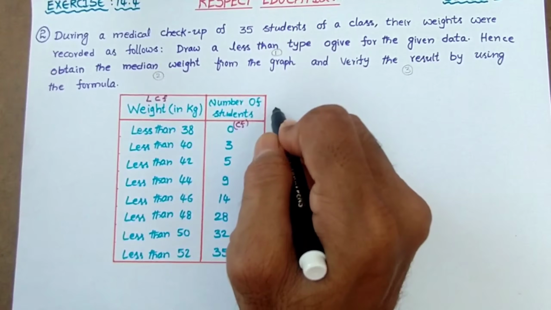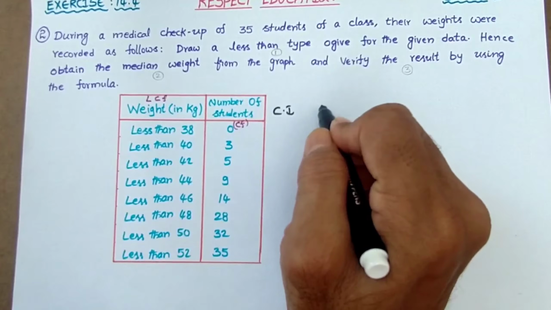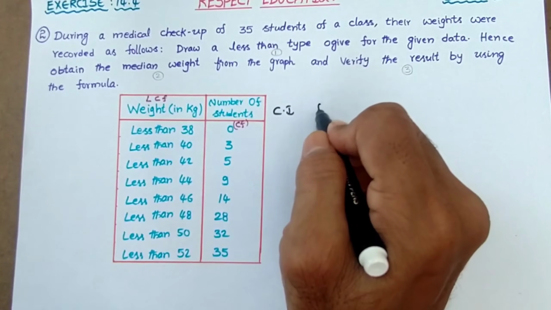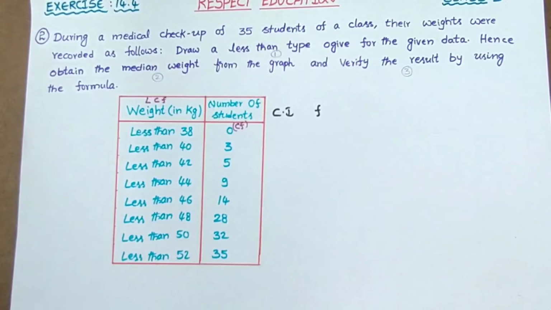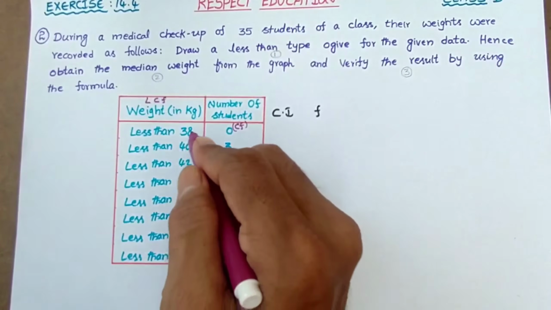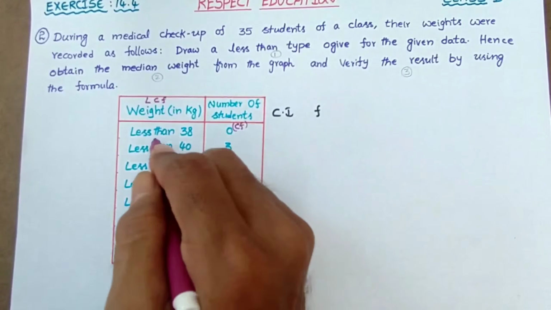Now, let us write here class intervals and also frequency. Here the difference is 2, so we can maintain the same difference.